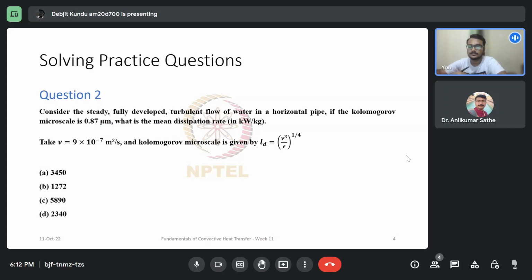This Kolmogorov scale or microscale is given by L_D equal to nu cube over epsilon, to the power 1 by 4. Here nu is the momentum diffusivity or kinematic viscosity, and epsilon is the mean dissipation rate.